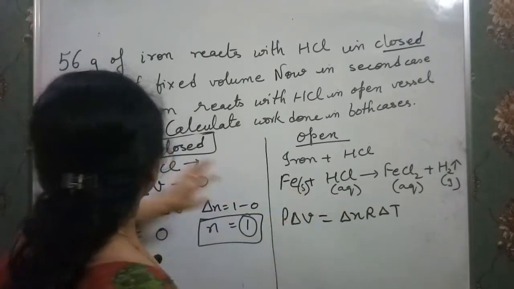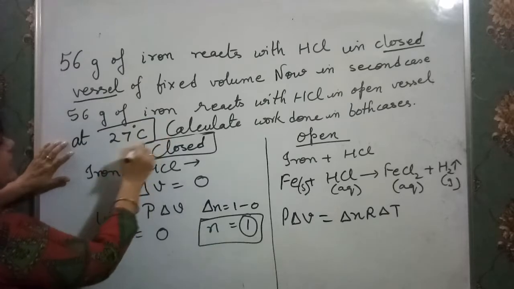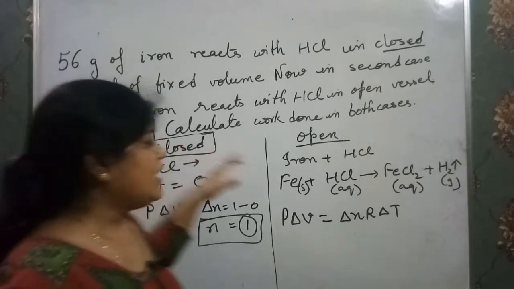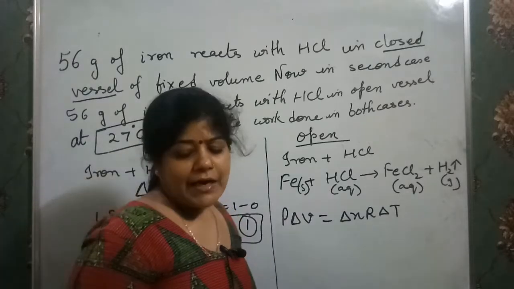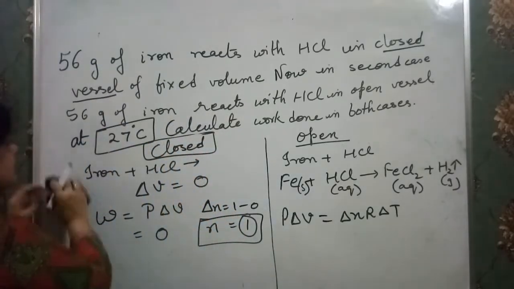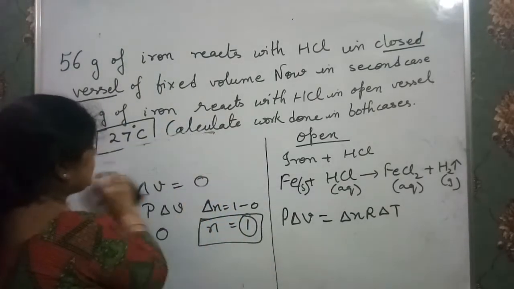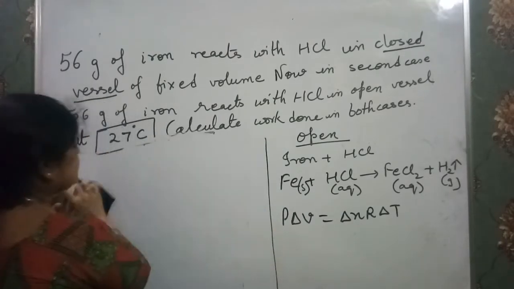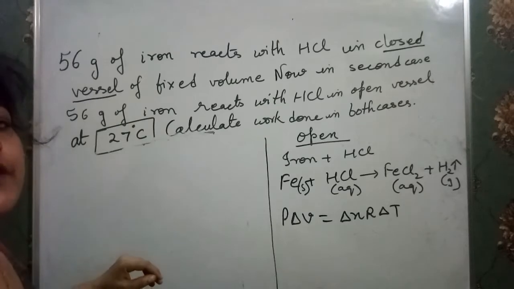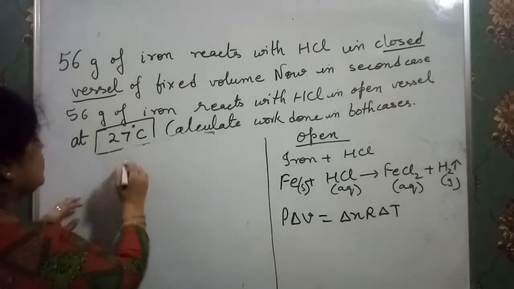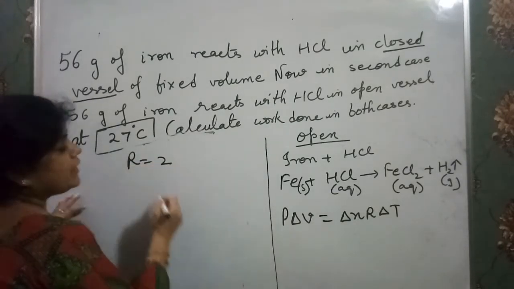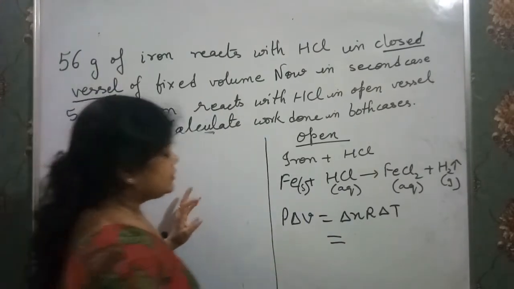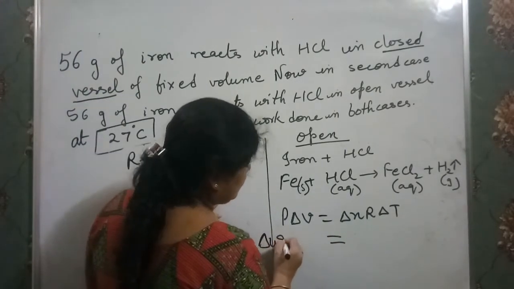Now delta T, the temperature is given as 27 degrees Celsius, which is converted into Kelvin, and then the value of R. The value of R can be taken in two forms. When you take it in the form of joule, you take 8.31, and when you take it in the form of calorie, you take R is equal to 2. I am finding work done in the form of calorie.